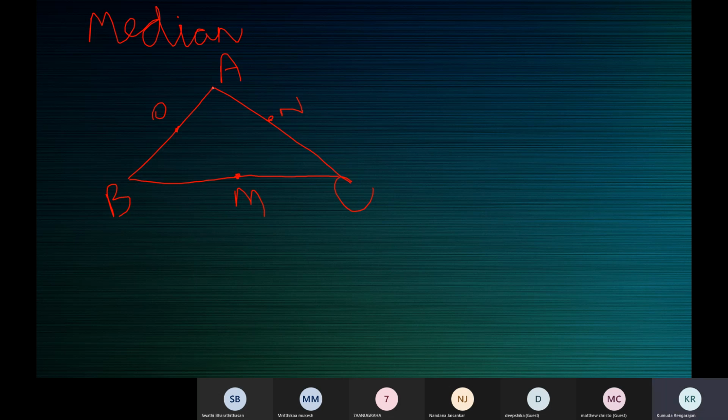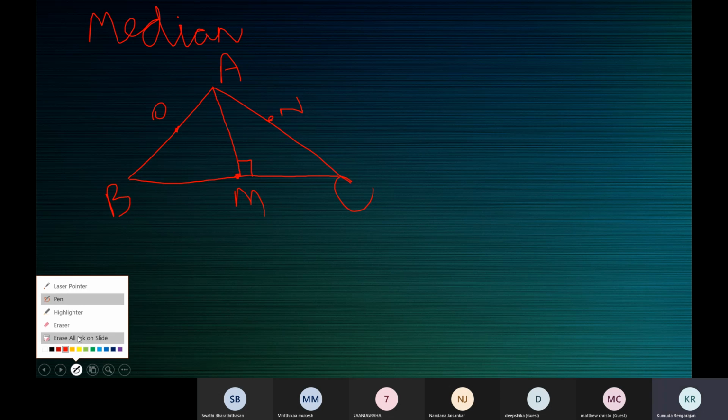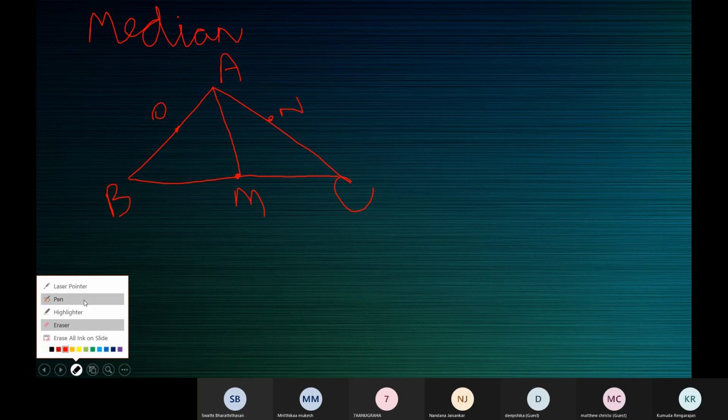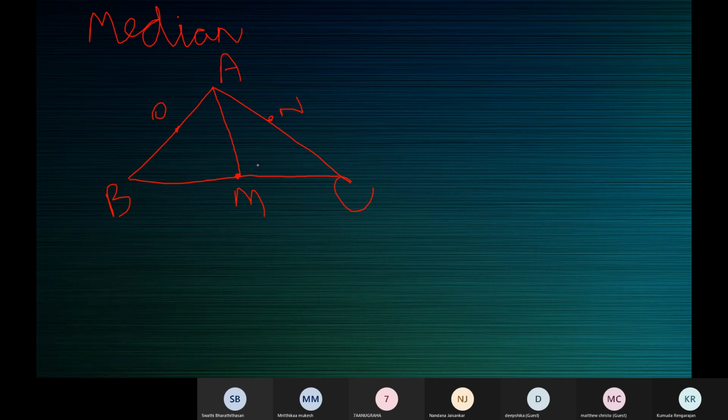If you join the vertex A to the midpoint M, then AM is the median. The median need not make 90 degrees with the side. When it's median, it's only the midpoint. So AM is a median from the vertex A on the side BC.